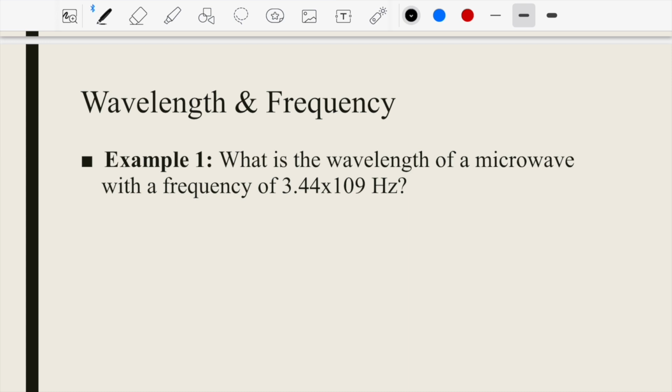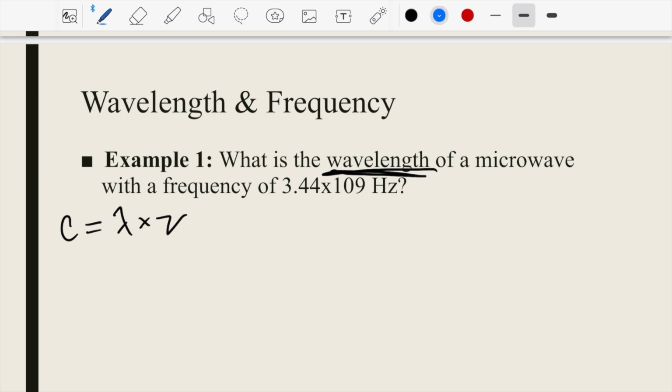Example number 1 says, what is the wavelength of a microwave with a frequency of 3.44 times 10 to the 9th hertz? Well, remember our equation that relates wavelength and frequency is the speed of a wave is equal to its wavelength times its frequency. In this case, we want to solve for wavelength specifically.